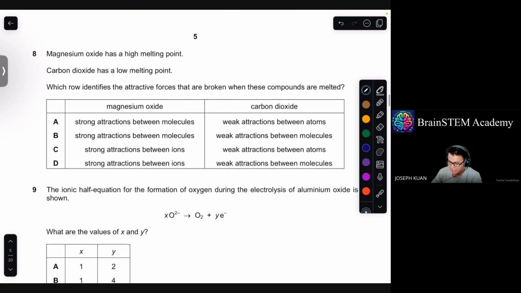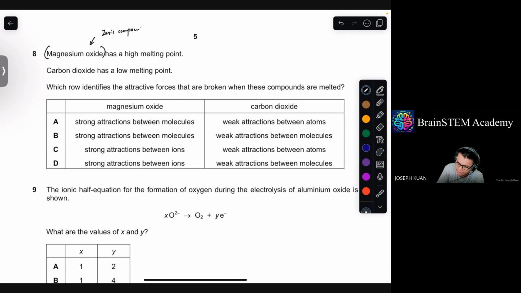Moving on to question 8. Magnesium oxide has a high melting point. Carbon dioxide has a low melting point. Which row identifies the attractive forces that are broken when these compounds are melted? For this question, you need to know that magnesium oxide is an ionic compound.